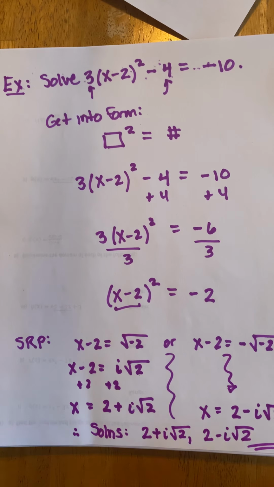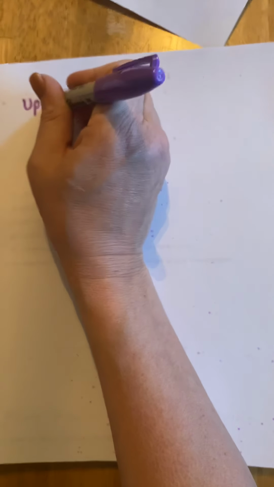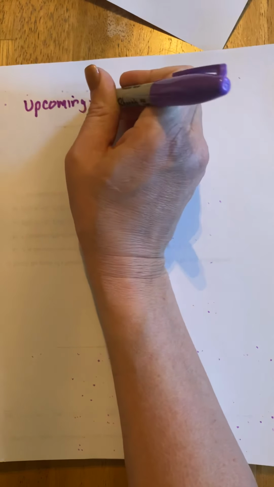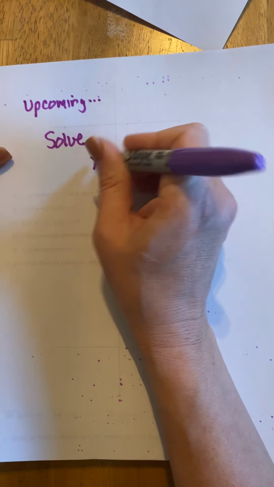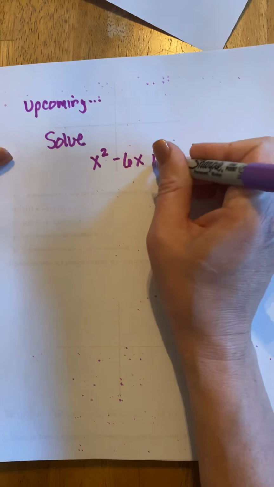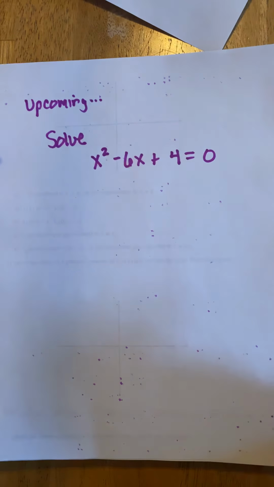Here we go. Upcoming: solve x squared minus 6x plus 4 equals 0.